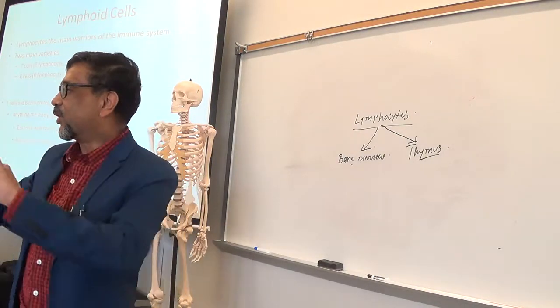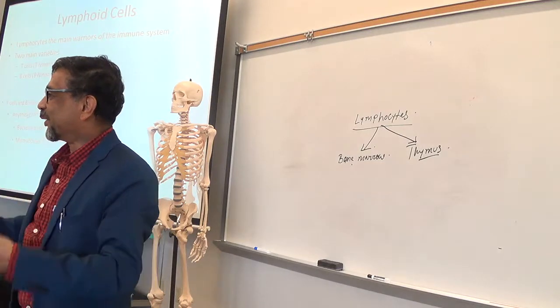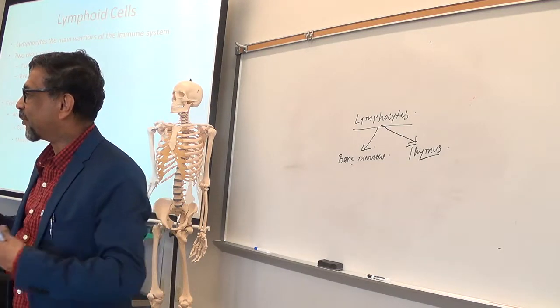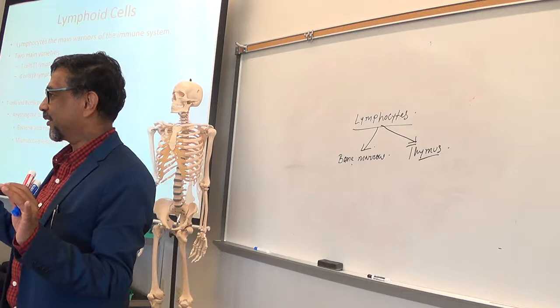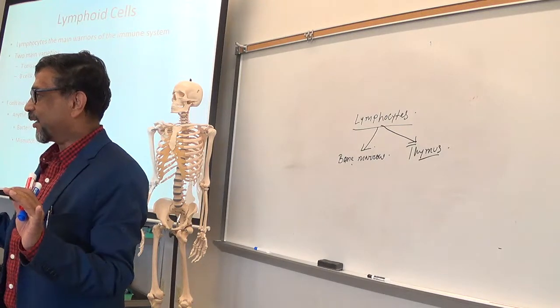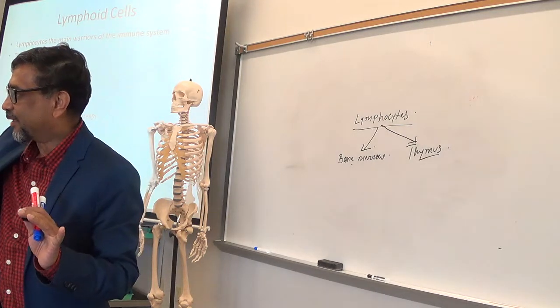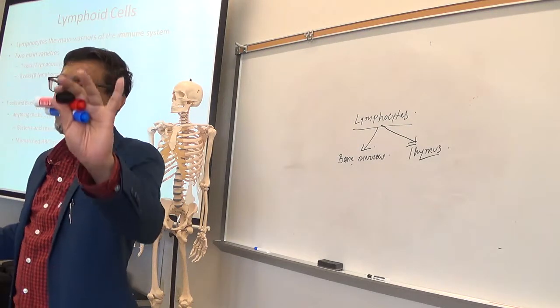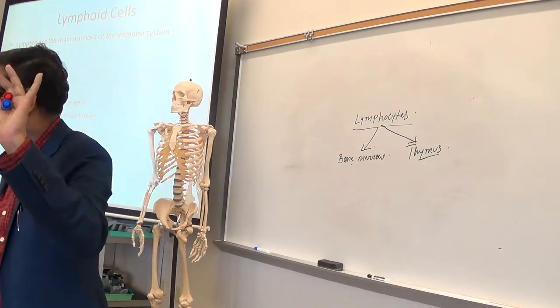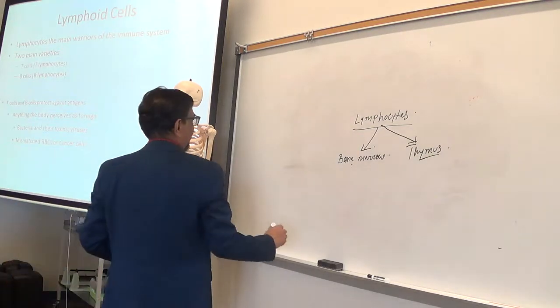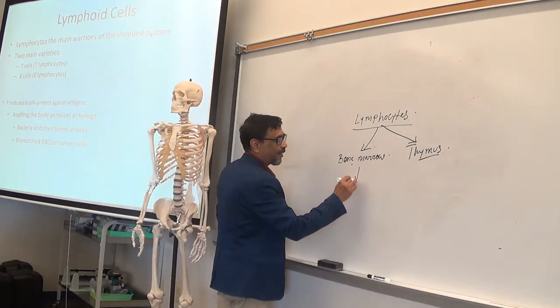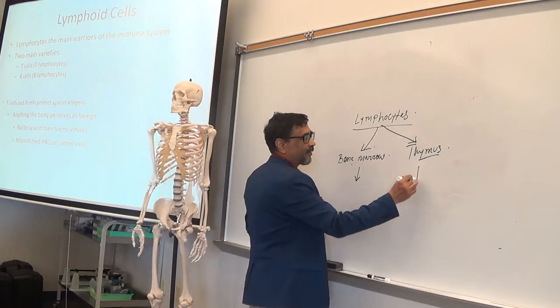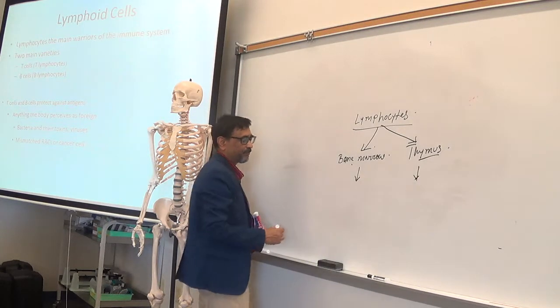Similarly, lymphocytes are produced in the bone marrow, and they don't know how to fight. Then some of them get their training inside the bone marrow, and some of them get their training in the thymus. Make sense? And then they come out and enter into the lymphatic system.